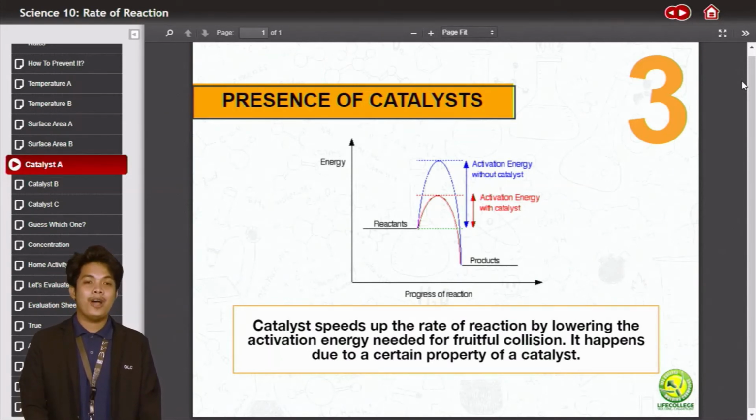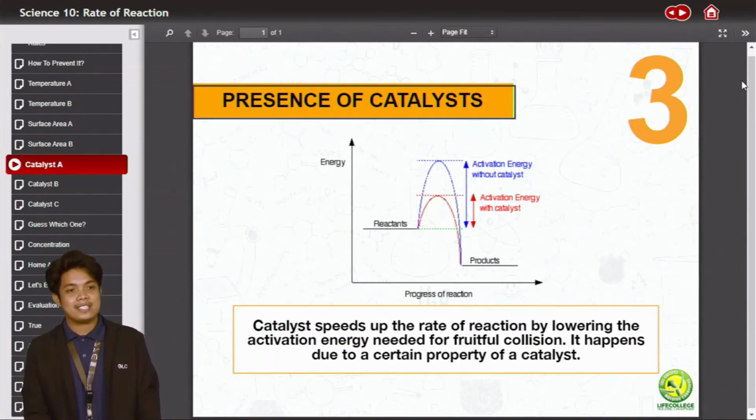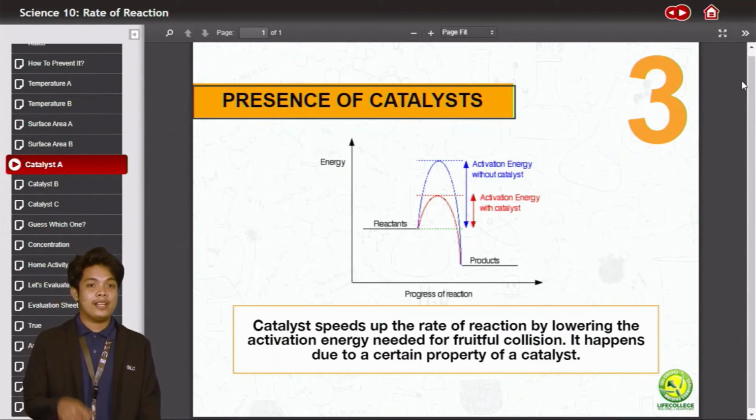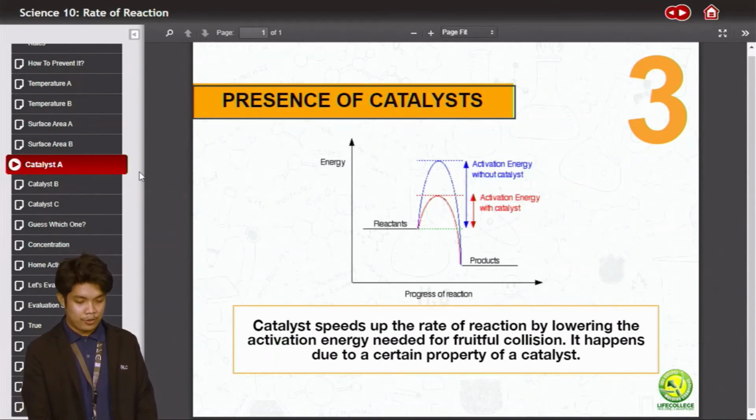In the presence of a catalyst, the activation energy is considerably lower, so that more reactions can happen even at a small amount of energy. So a catalyst speeds up reaction.